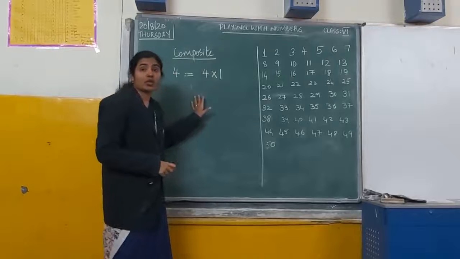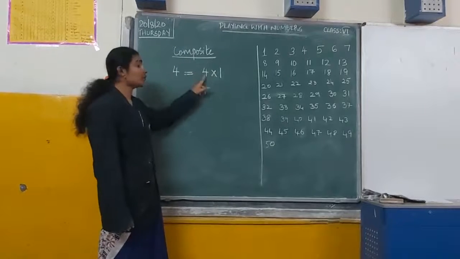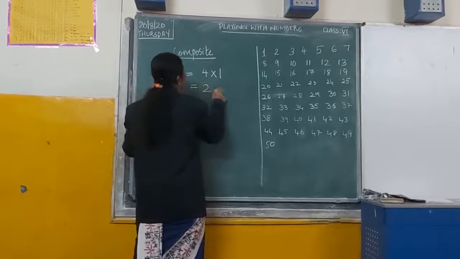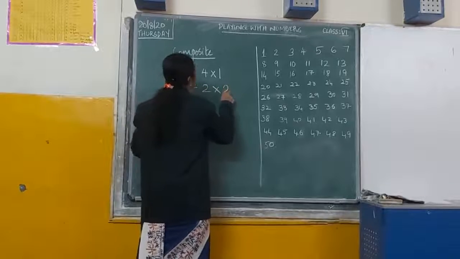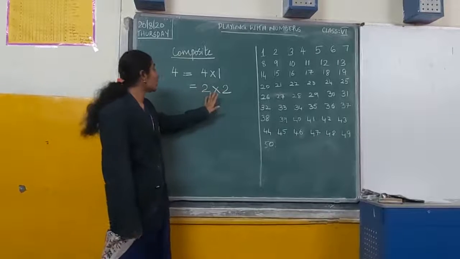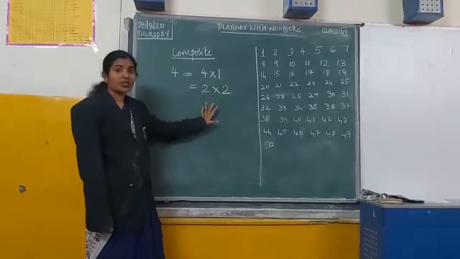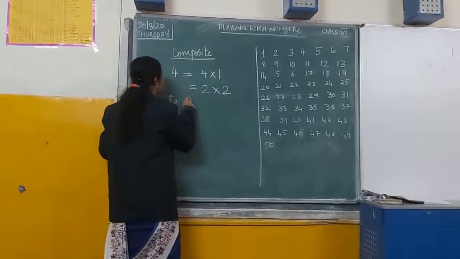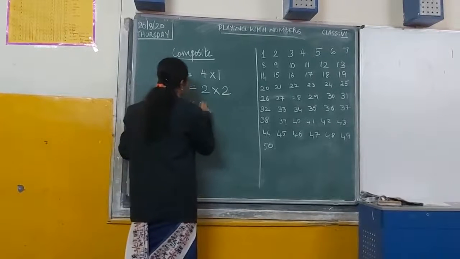I am going to explain composite numbers. 4 ones are 4. In another way you can write 4 as 2 multiplied by 2. So which are the factors of 4?